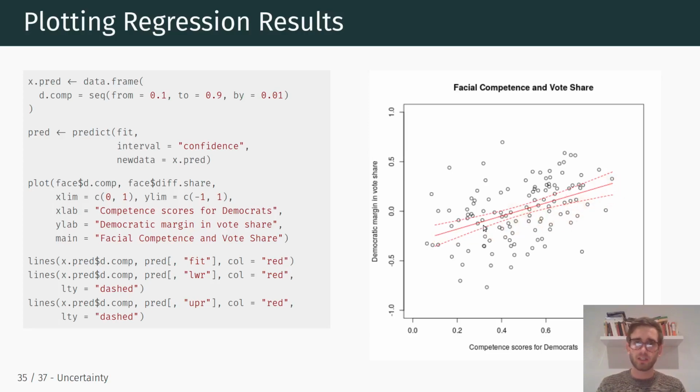Here again, this is the uncertainty around the expected value conditional on x over repeated samples. So this is again the logic of the confidence interval.